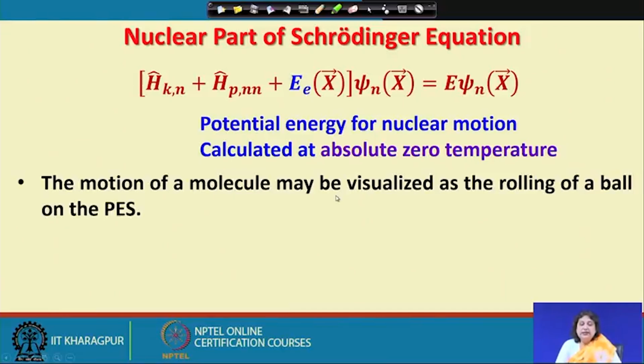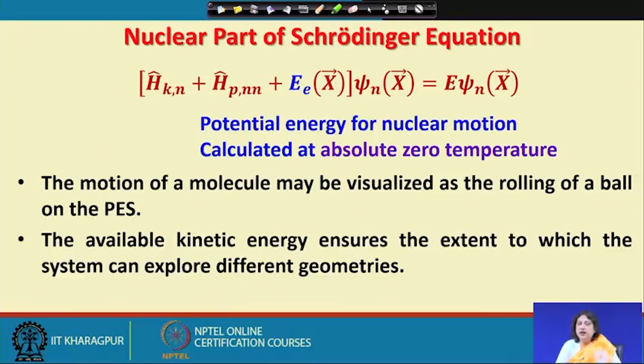Now, obviously, the question is, at a finite temperature, how do I represent the chemical reaction on the potential energy surface? This is in general visualized as a rolling of a ball on the potential energy surface that I will show to you later. Depending on the amount of thermal energy available to the system, the kinetic energy is high or low, and that determines the extent to which the system can explore different geometries.